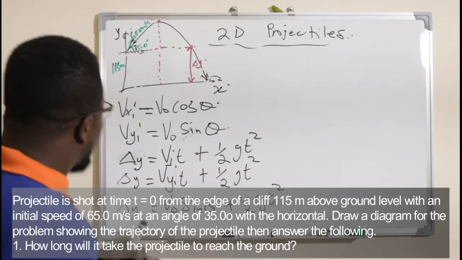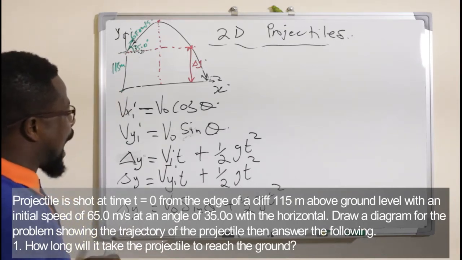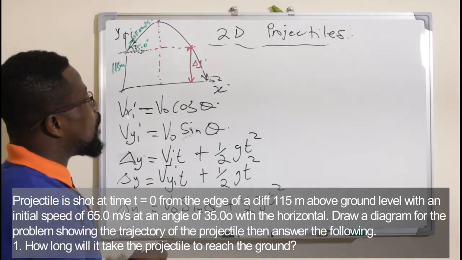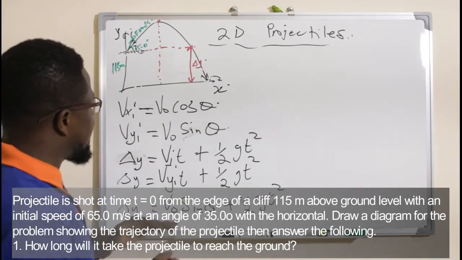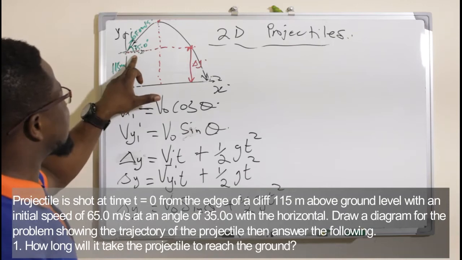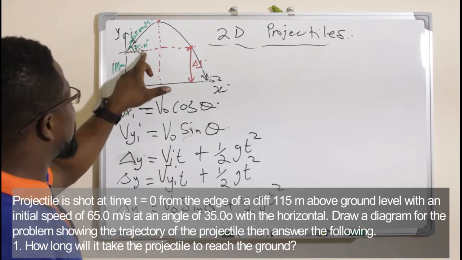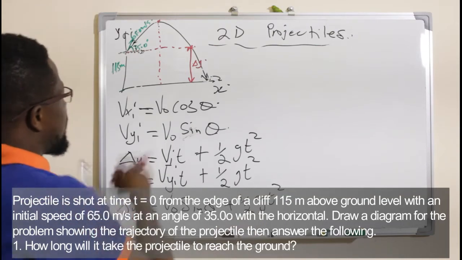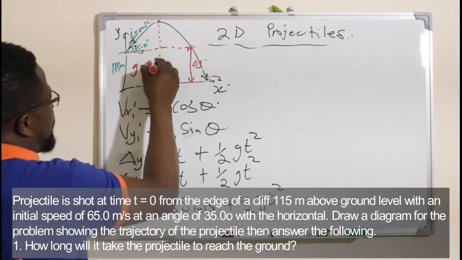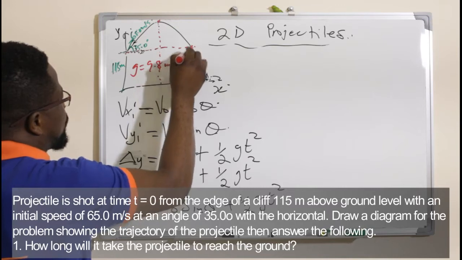So that is the value that we are going to use for the change in y, and we are given our v naught to be 65.0 meters per second, and our theta is given to us as 35.0 degrees. And we know g. G is 9.8 meters per second squared.